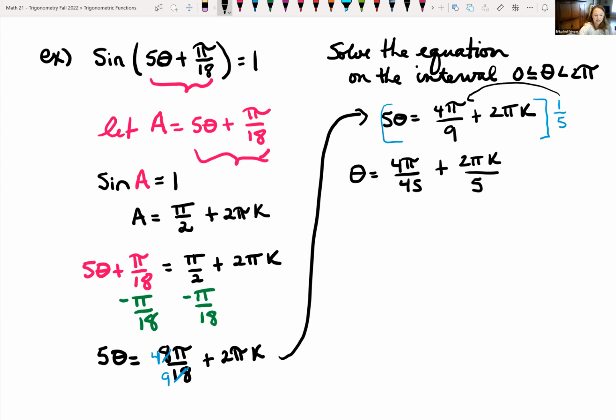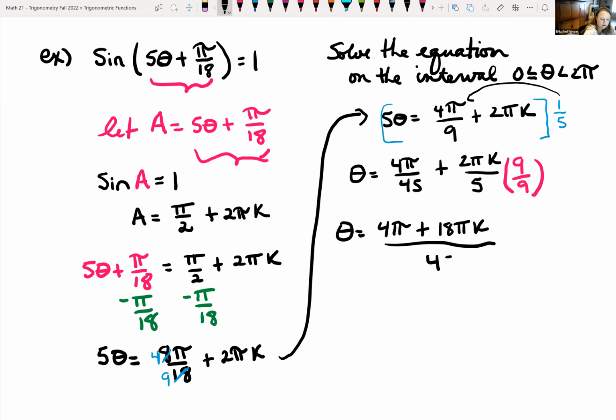It's going to be easier if we have a common denominator. So let's multiply that second fraction, 2 pi k over 5, by 9 over 9. That way we don't have to get a common denominator each time we're plugging in values for k. So this is 4 pi plus 18 pi k all over 45.